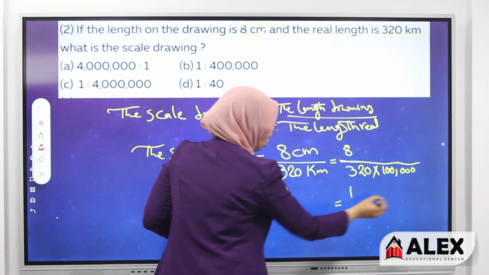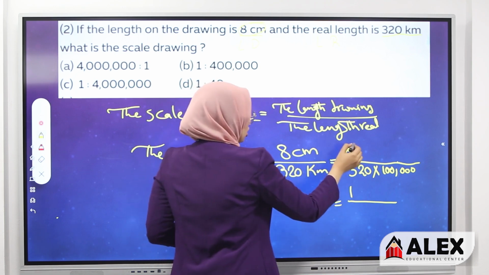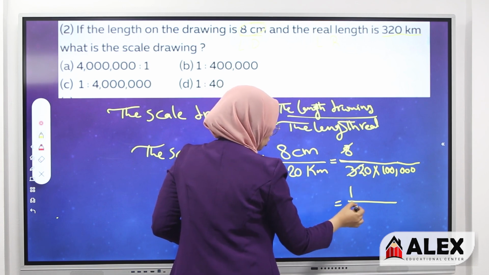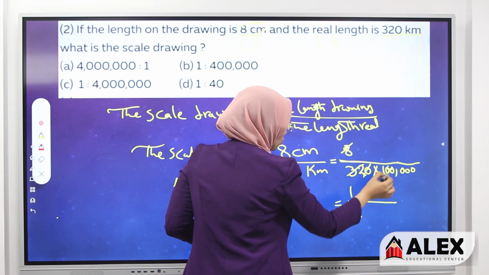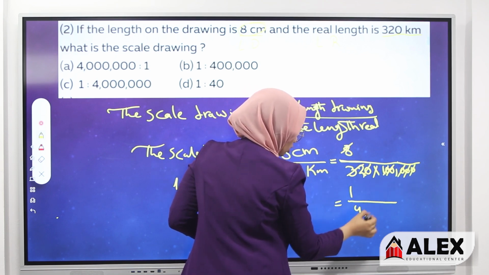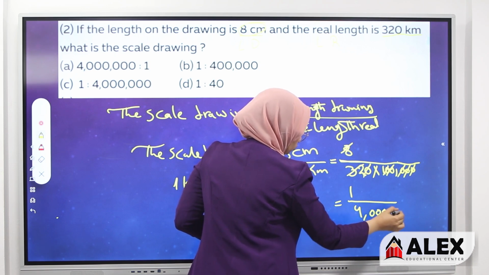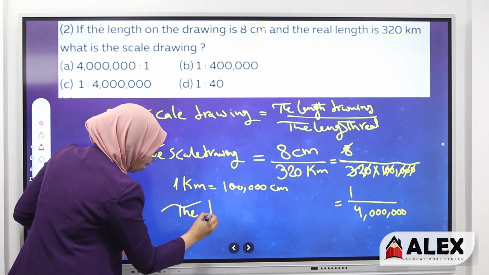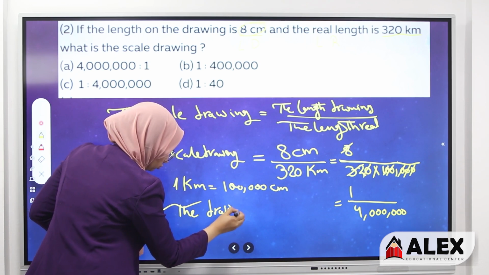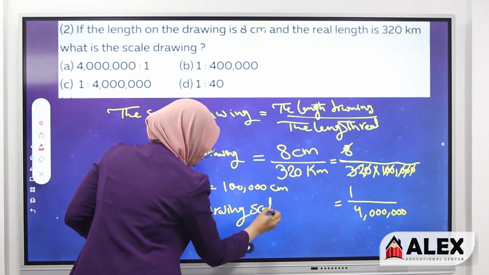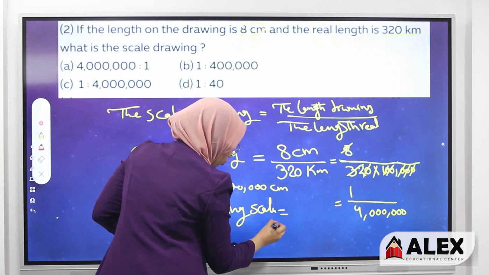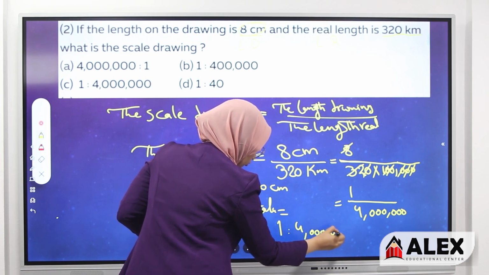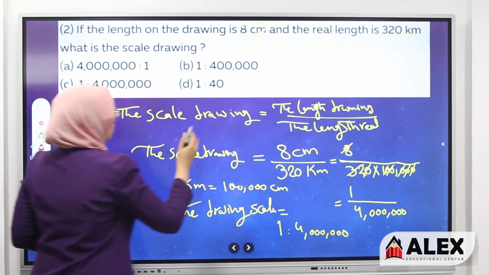It will be 1 over, because 8 divided by 8 equals 1, and 320 divided by 8 equals 4. And how many zeros? 1, 2, 3, 4, 5, and 6. About 4 million. Then the drawing scale equals 1 to 4 million. This is the answer.